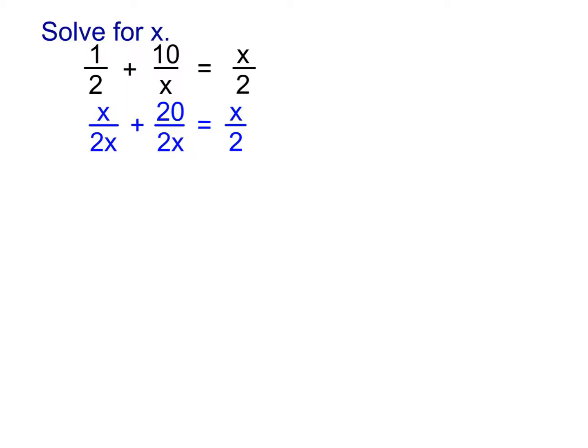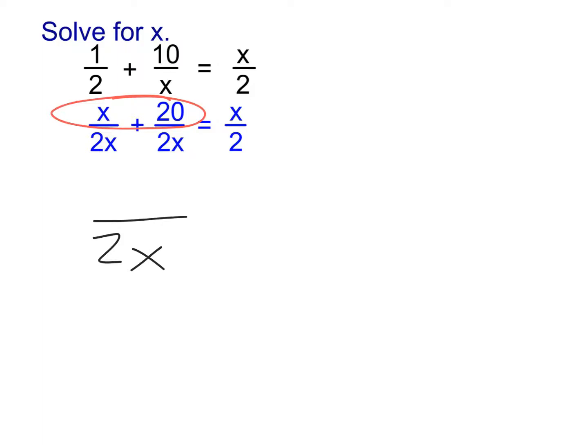Now we can actually do the addition. Of course, we know what the denominator is going to be. We know it's going to be over 2x. But what is on the top? When we actually add those, what does that give us? I ask very purposefully because I get two different answers from people on that. Some people tell me it's 20x, and some people tell me it's x plus 20.